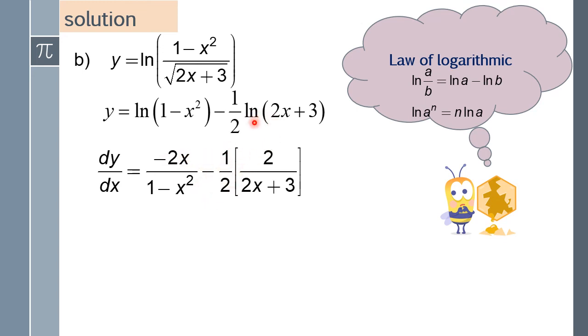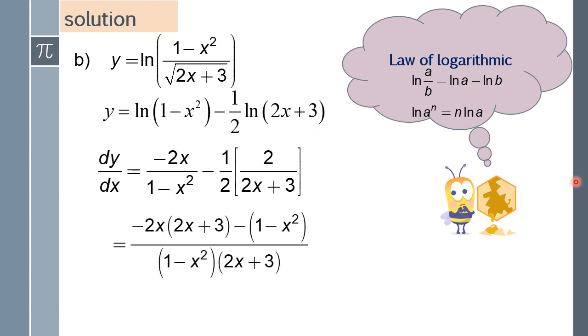Also differentiate ln 2x plus 3, we put 2x plus 3 to the bottom, and then differentiate 2x plus 3, we put to the top. Then we simplify this question until we get negative 3x squared minus 6x minus 1 over x squared 3x minus 1.